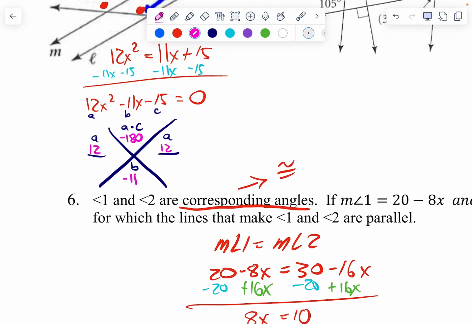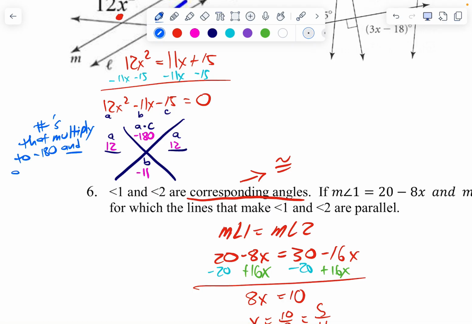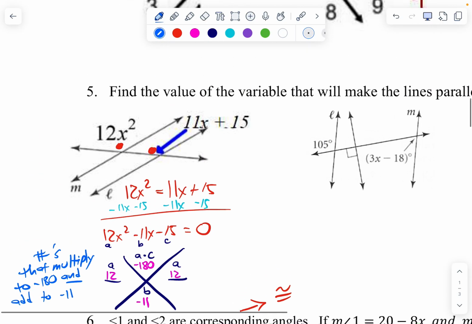So now we look for numbers that multiply to negative 180, but also add to negative 11.